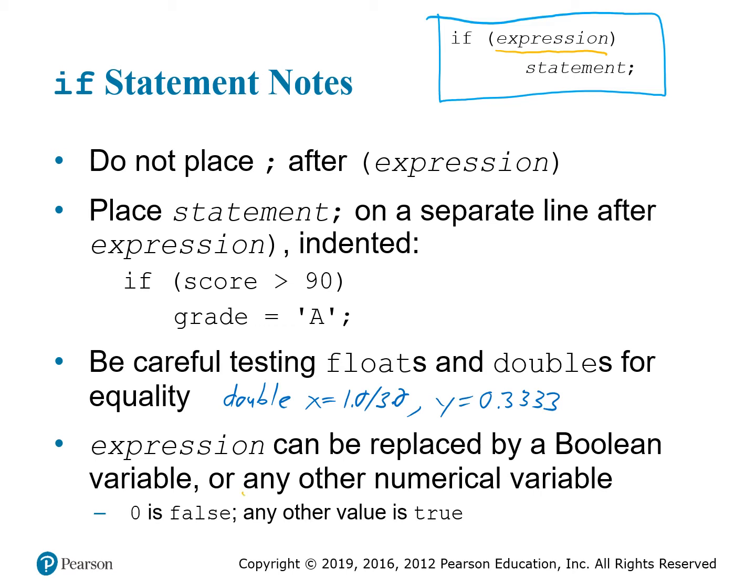It can actually be any other numerical variable, with the understanding that 0 is false and any other value is true. So even -1 would be understood as true.